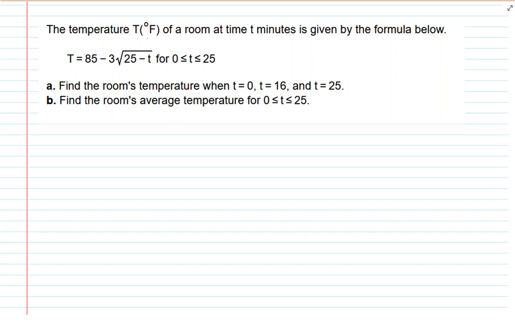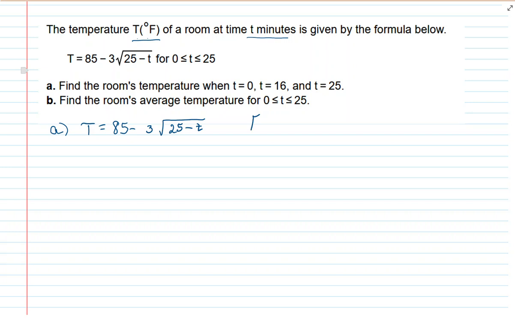So in this one, we have two parts. We have temperature in Fahrenheit of a room at T minutes is given by this formula. So we have T equals 85 minus 3 square roots of 25 minus T, where T is time.